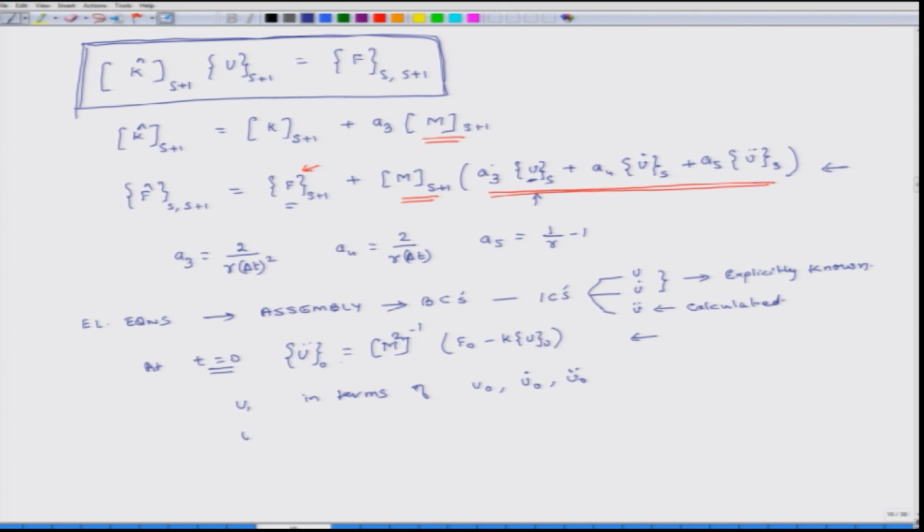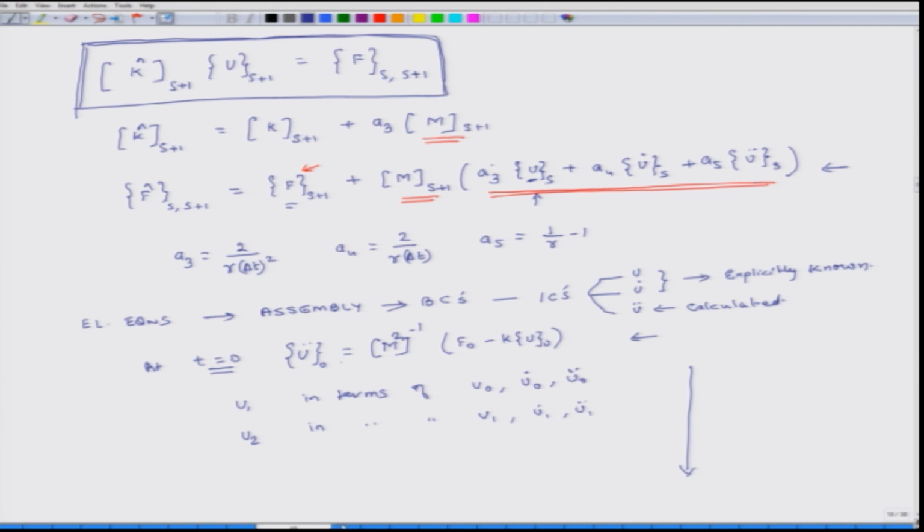Then I go to the next time step, I calculate u2 in terms of u1, u1 dot, u1 double dot, and so on and so forth. So this is how I keep on marching forward in time.